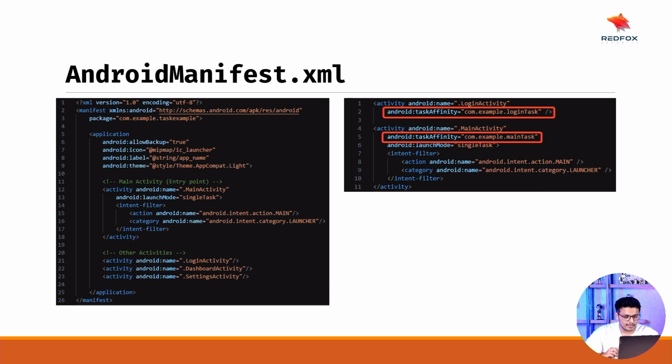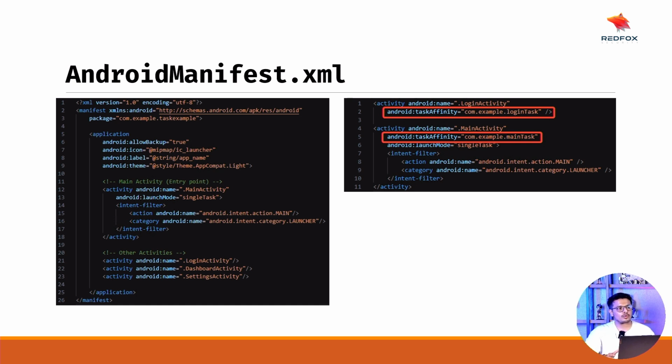As you can see in the image on the right side, there is an Android task affinity com.example.login task and an Android task affinity for main activity com.example.main task. So there are two different task affinities mentioned here. This is how all the components look in an Android manifest file.